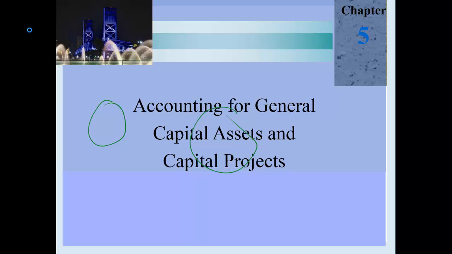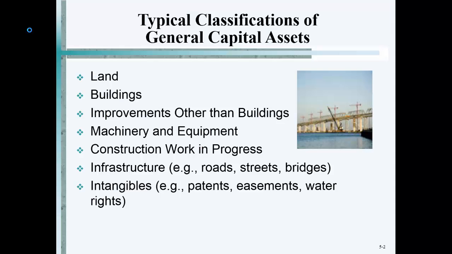Okay? All right, so let's just go ahead and take a look. When we talk about our assets, typical types of assets are land, building, machinery, and construction work in progress. We're going to see how we will account for a construction project in the capital project fund, and that's going to be a bulk of our focus here.